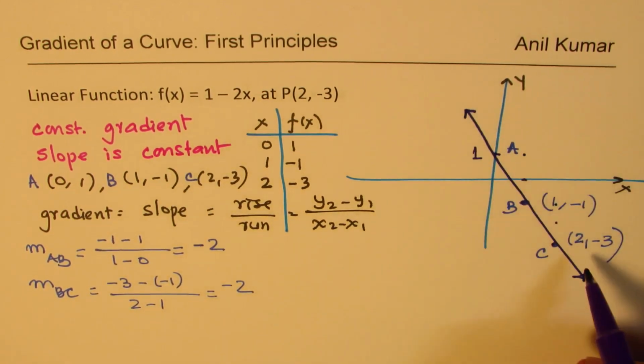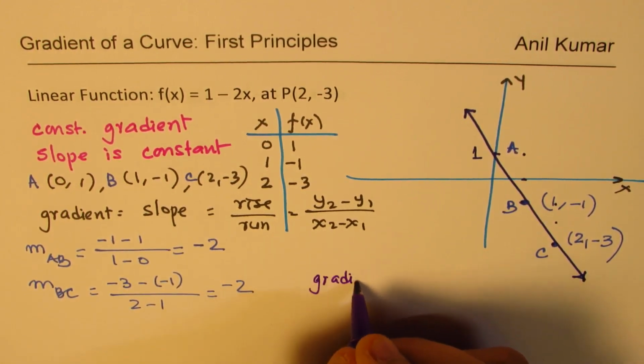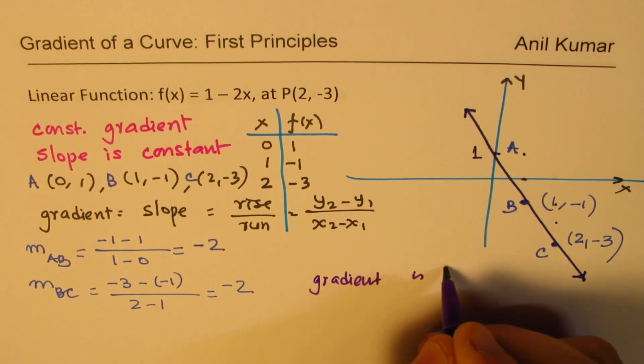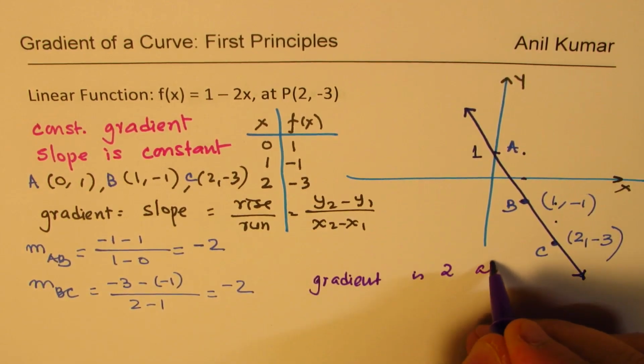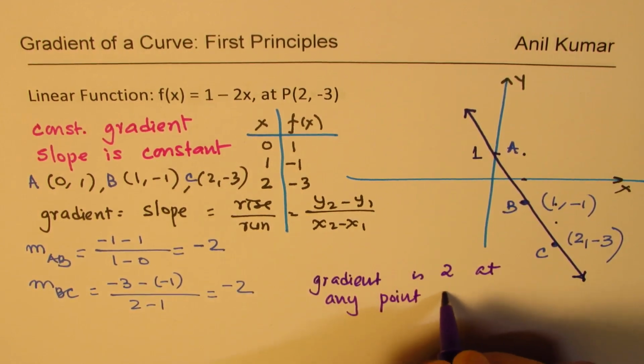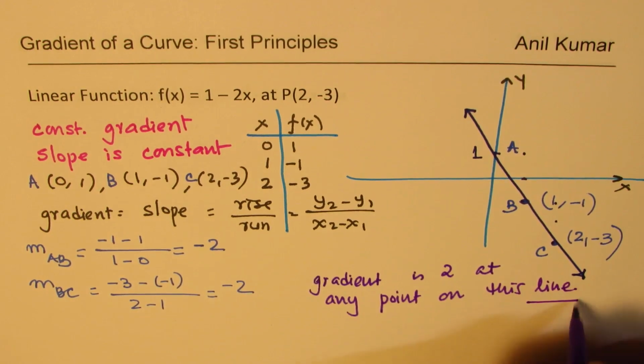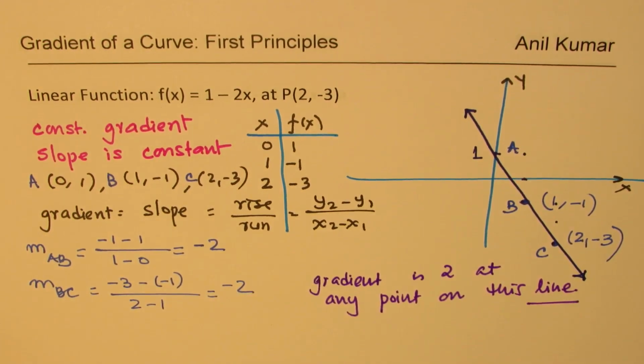You can take any point, right? So the gradient is minus 2 at any point on this line. Is that clear to you? Perfect. So that is what a slope is going to be.